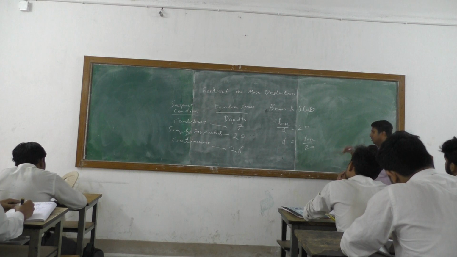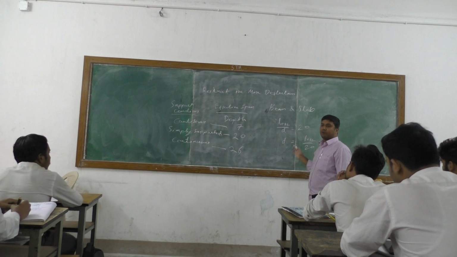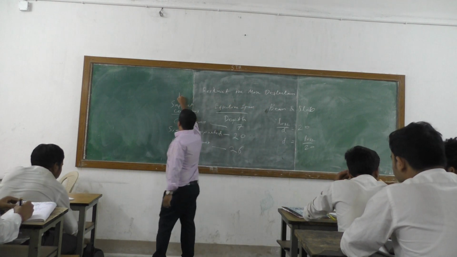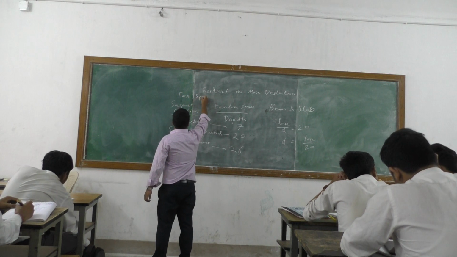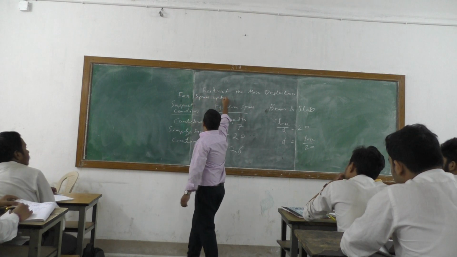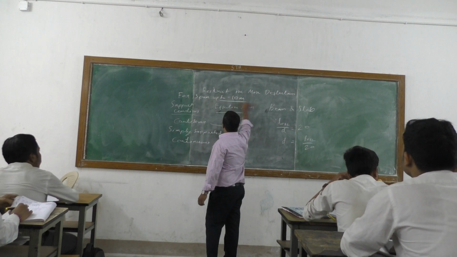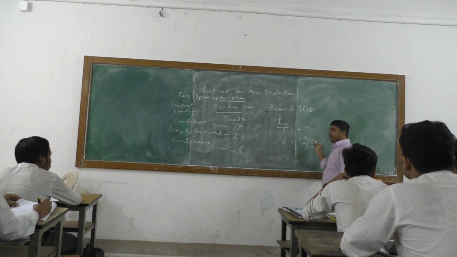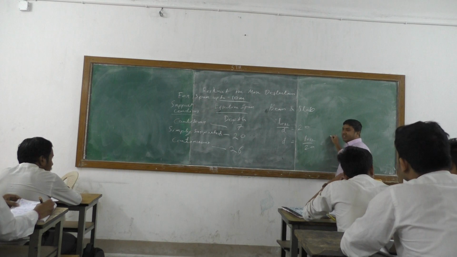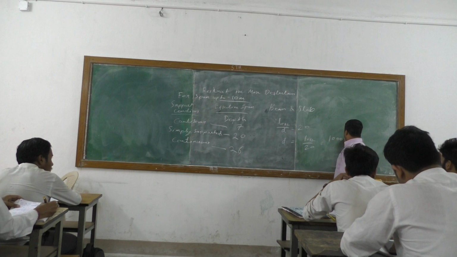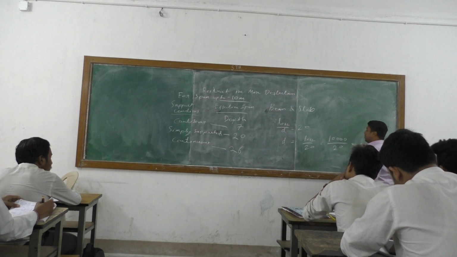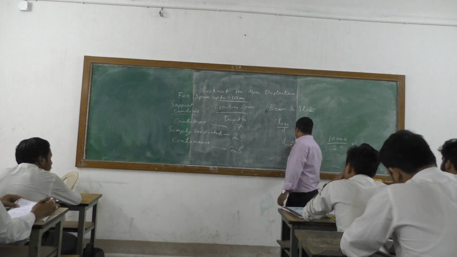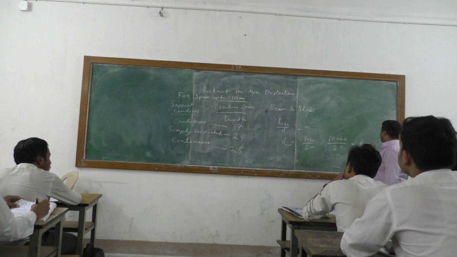This criteria is valid for spans up to 10 meter. So if we have a span of 10 meters, that is 10,000 mm, what is the limiting depth that is coming? The maximum depth we can have according to the IS code is 500 mm.